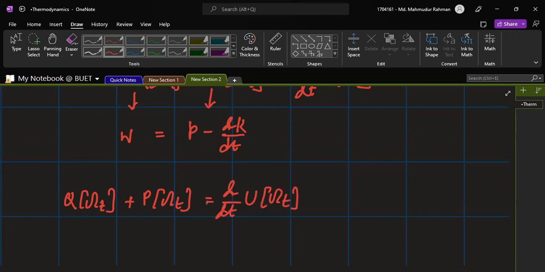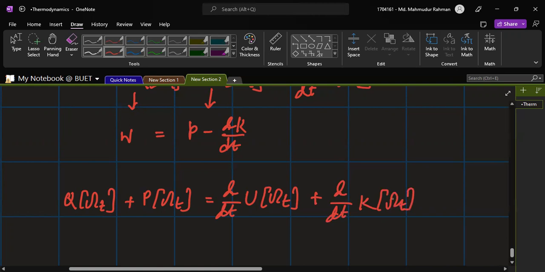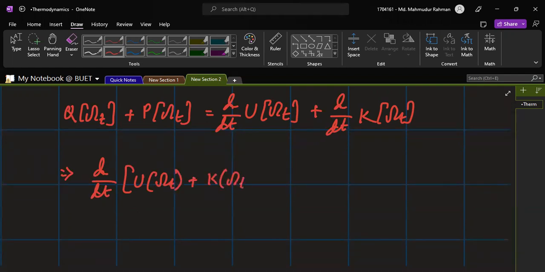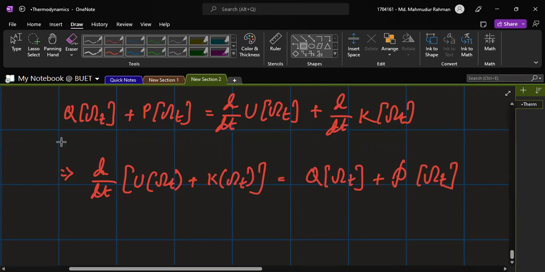This dK/dt, which should be here, we have taken to the right side, that is d/dt of K of omega t, which also can be written as d/dt of U of omega t plus K of omega t equals Q of omega t plus the net power delivered to omega t. This is the net heating part, and this is the power delivered part. This is the expression that we have for our first law.